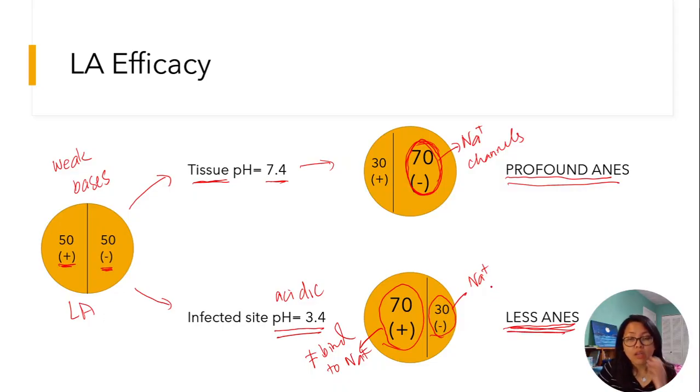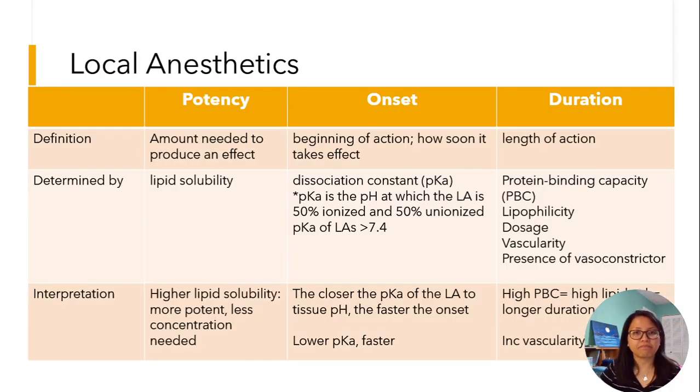So this is why in the presence of infection, local anesthetics do not really work as well. It's a matter of having fewer uncharged molecules available to bind to your sodium ion channels. Okay? So I hope that is clear.